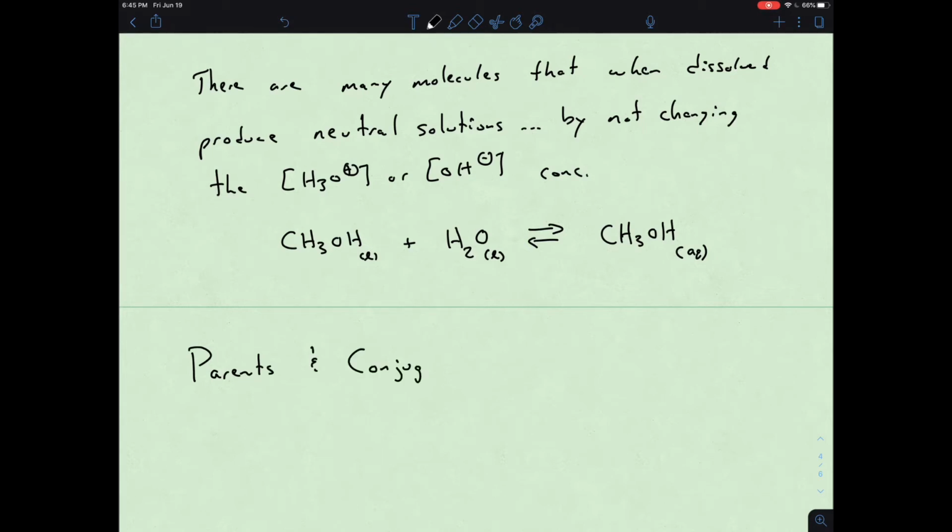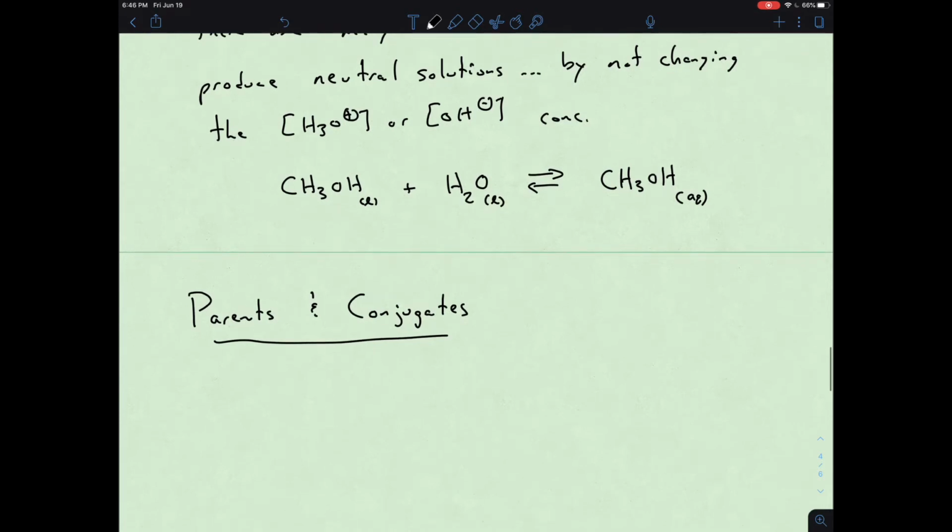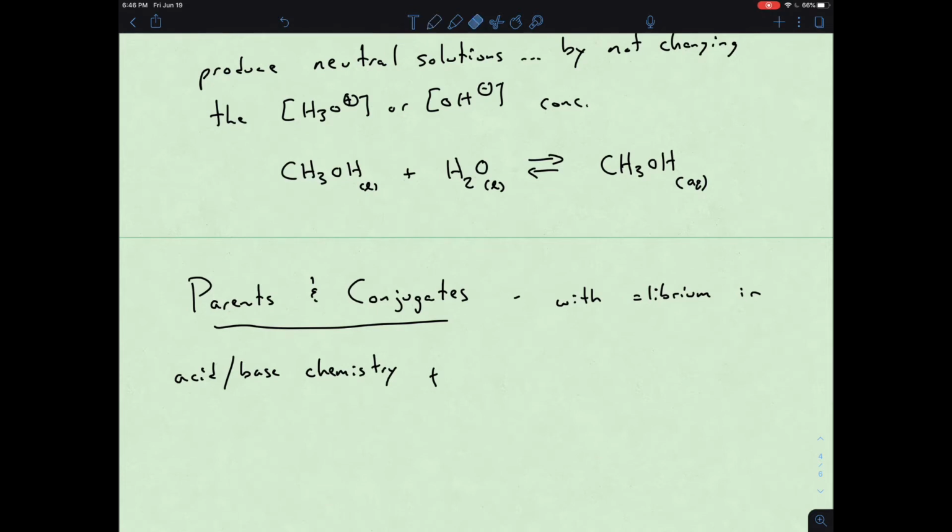So, in writing these equilibrium reactions, we really have to have an understanding of some language as far as parents and our conjugates. So, with equilibrium in acid-base chemistry, there is basically an acid and base on both sides of the reaction arrows.